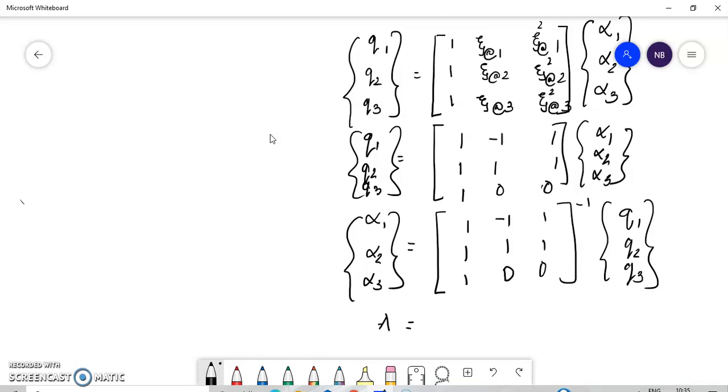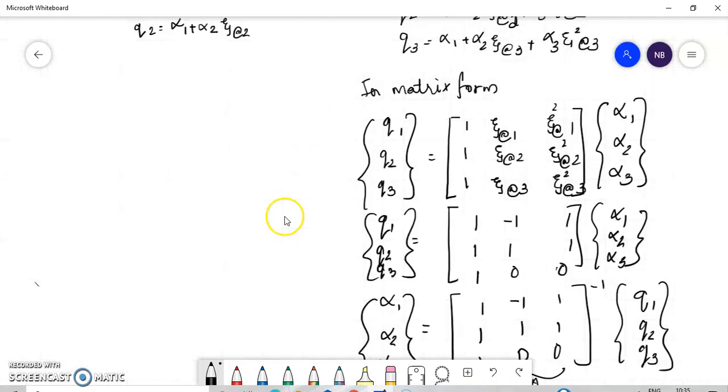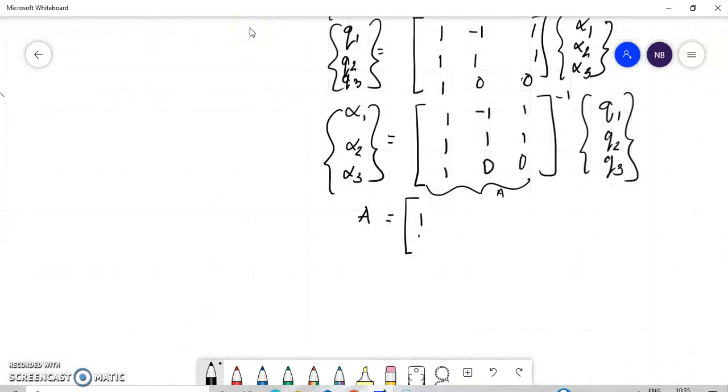So let us call this matrix A, and we need to find the inverse of matrix A. First we need to find the determinant.